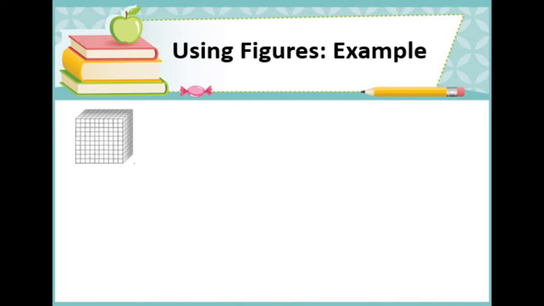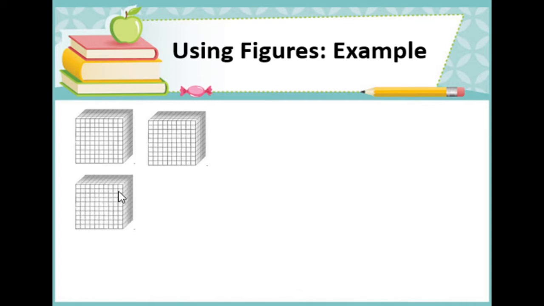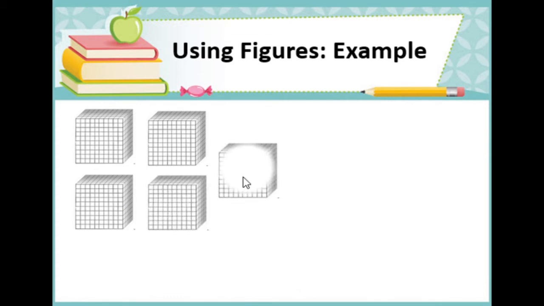Let's have an example. Supposing you have this one big cube, two big cubes, three big cubes, four big cubes, five big cubes.